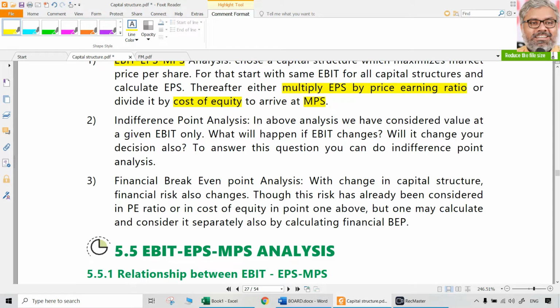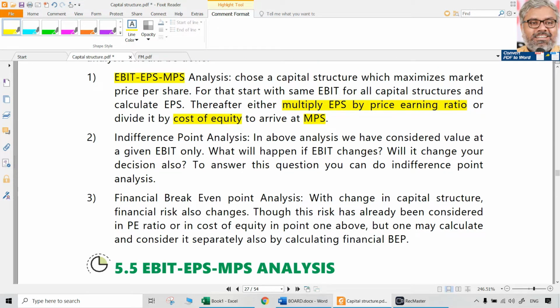So if there are different possible capital structures or different sources of finance given, then which will be the best plan, which will be the one to be chosen? Obviously, the one which enhances the market price per share. That is the decision making process. EBIT, EPS, MPS analysis will lead us to such a decision.